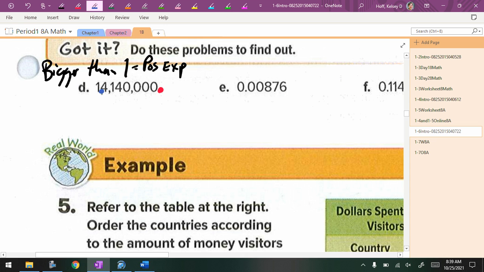So, my new number, good job, Tone, is now going to be 1.414. Do you see where I get that from? Now, the nice thing is I don't have to write all those zeros down. So I'm changing it to where Tone told me to put it, 1.414.